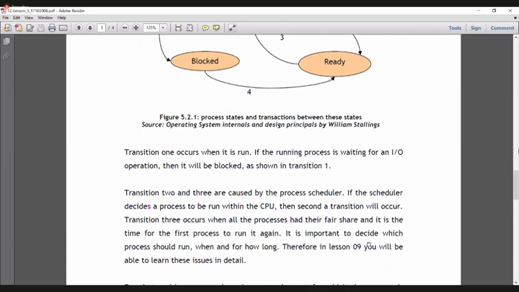So it is important to decide which process should run and also for how long. Okay, so there should be someone, what we call a scheduler, right, to decide which process should run next and how long you allocate for that. So how to do that?